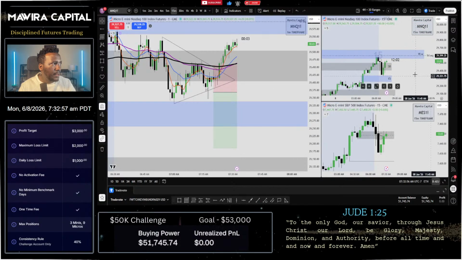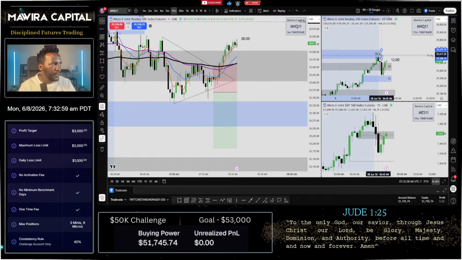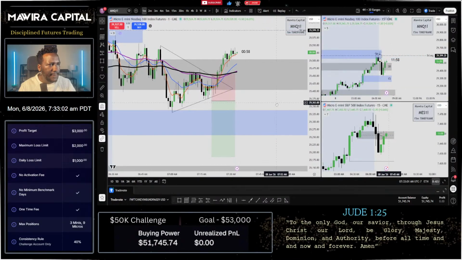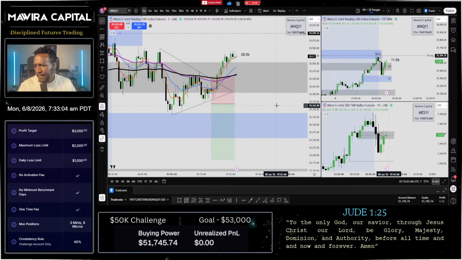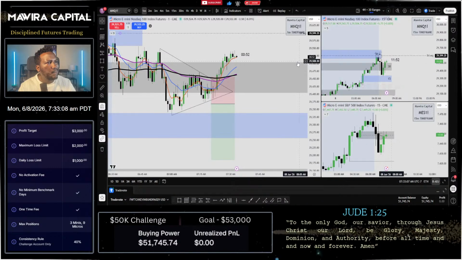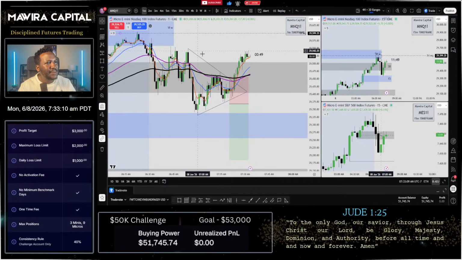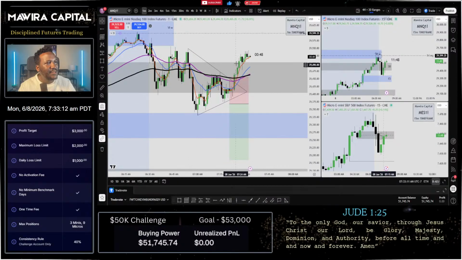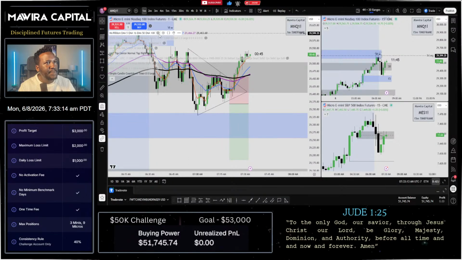Not that there's a problem, but if the loss can be avoided, it better be avoided. Alright, my people. Look at that squeeze, y'all. Then it chooses one side. Can be clear without the EMAs.